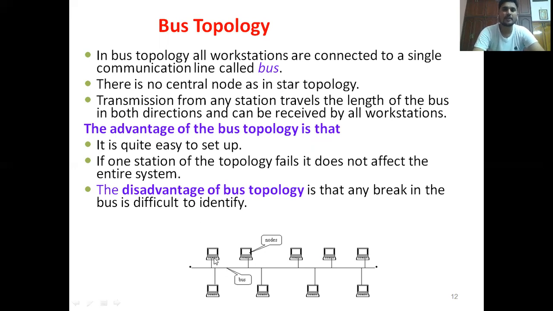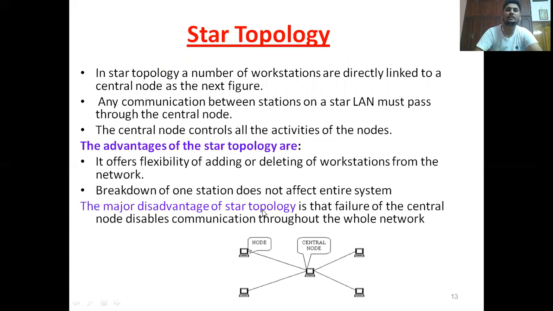In bus topology, which is also a network, the devices or nodes are connecting in this way. So this is the geographical representation, this is the structure. Systems are connecting in this way. That is bus topology. And the second one is the star topology. Here a central node is there in star topology.